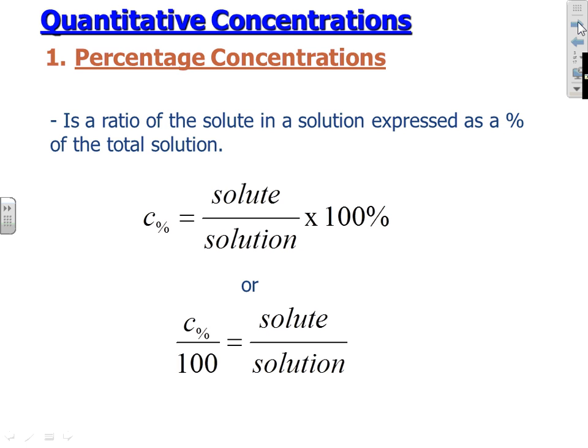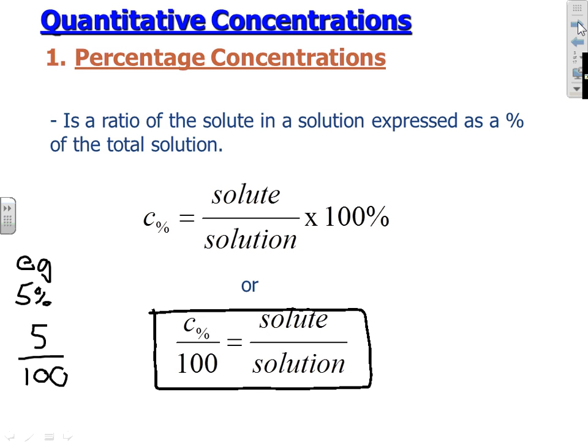So when you have a percentage concentration, for example, something like 5%, that percent, remember, means per 100. So you can easily write that as 5 per 100. And when we do the calculations to find, say, the solute or the solution, I suggest we write it as a ratio, because really it's just a ratio.